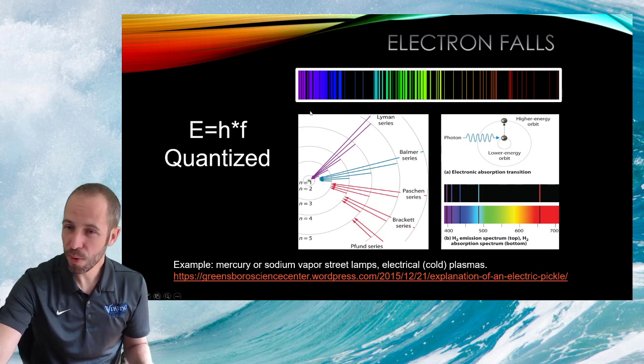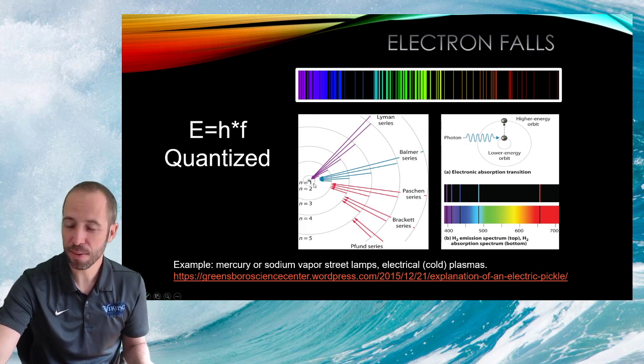Anyway, point is, if you got all these different combinations of how far an electron can fall down, then you're going to get all these different combinations of what colors can come out as a result. And so this is called an emission spectrum, because light's being emitted, shot out by electrons falling, and different height combinations get you different colors.